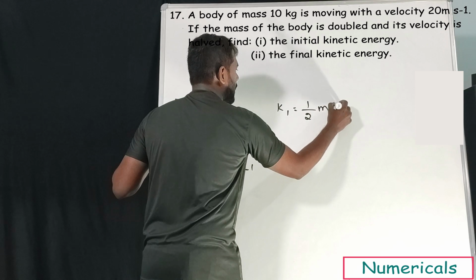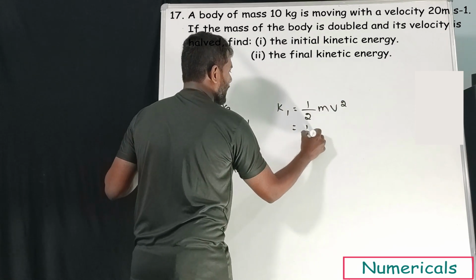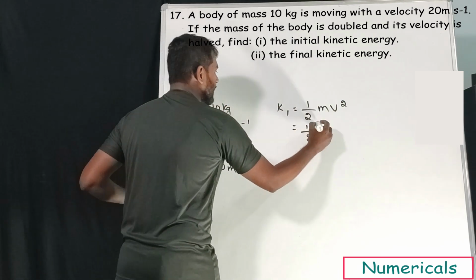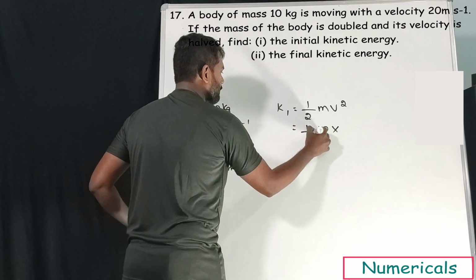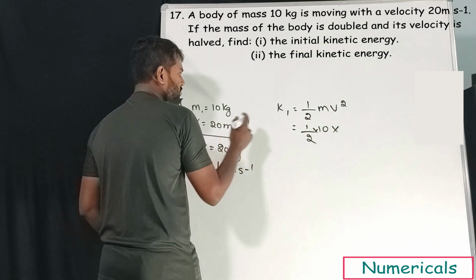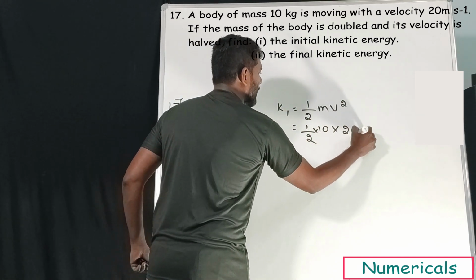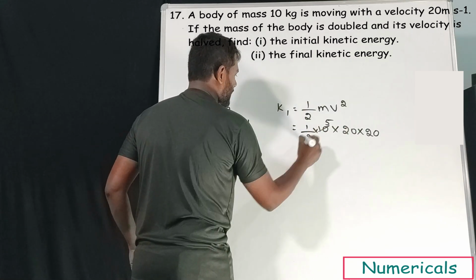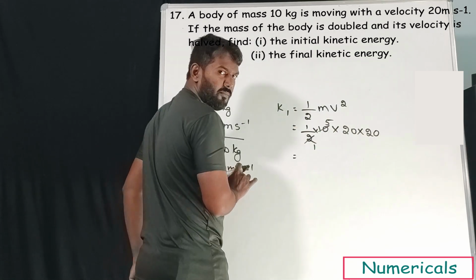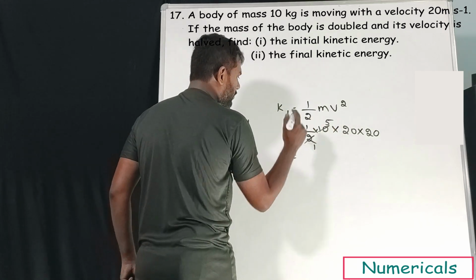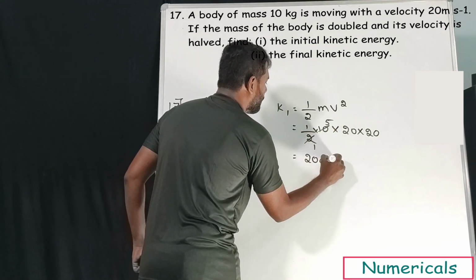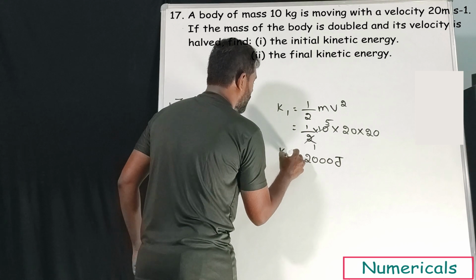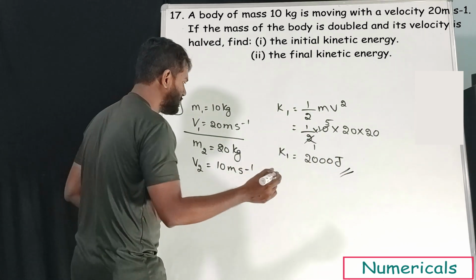Half m v square. Half, I'll write it as it is. What is mass? 10 kg into what is v? V is 20, right? So v square can be written as 20 into 20. 20 into 20 is 400. 400 into 5, that is 2000. So K1 value will be 2000 joules.